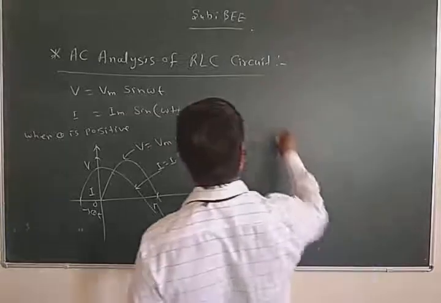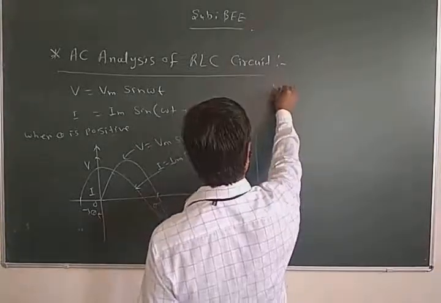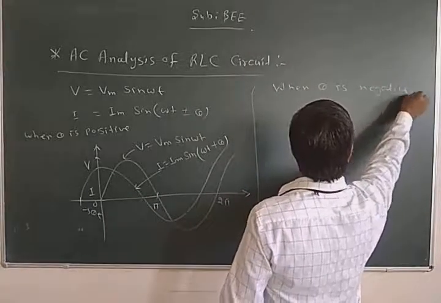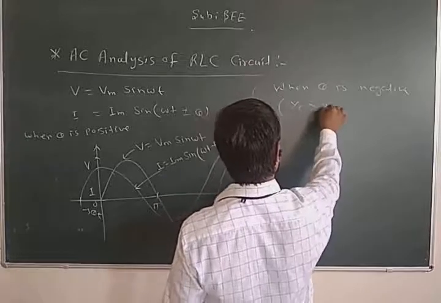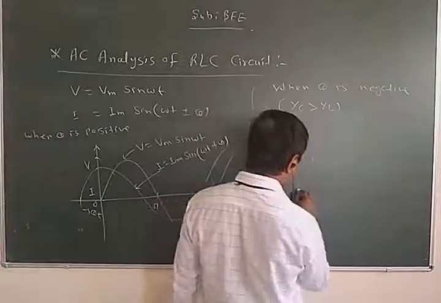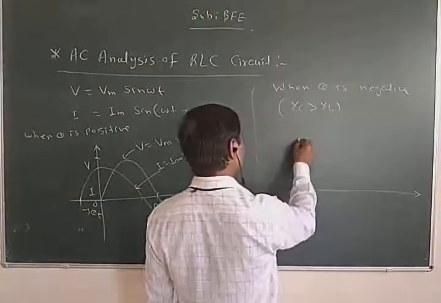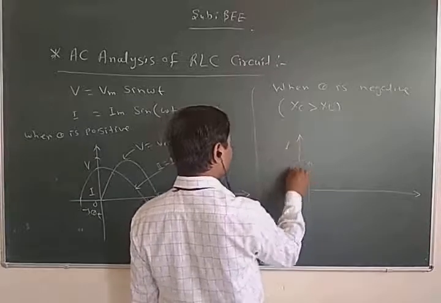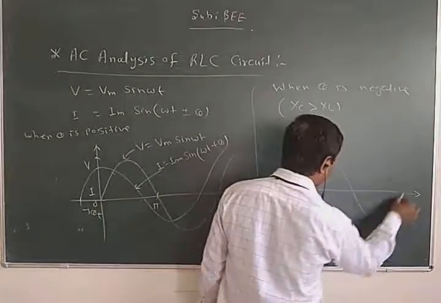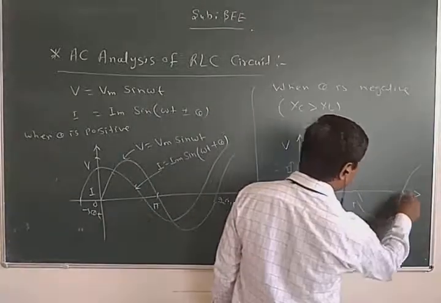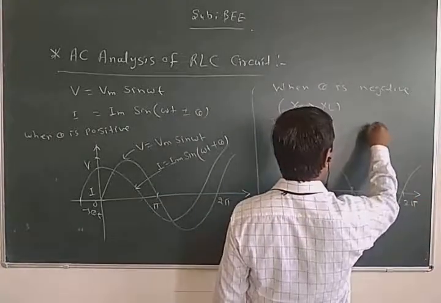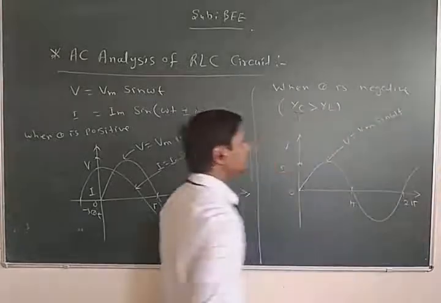Now in the second case, when theta is negative, or we can say when XC is greater than XL, we take voltage as the reference wave. So this is the waveform for voltage, pi and 2 pi, V is equal to Vm sin omega t.